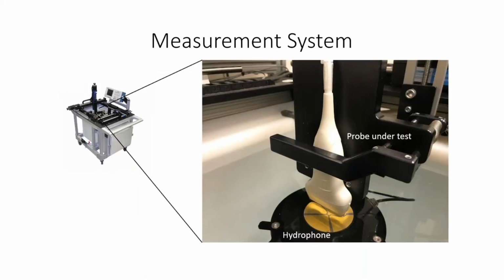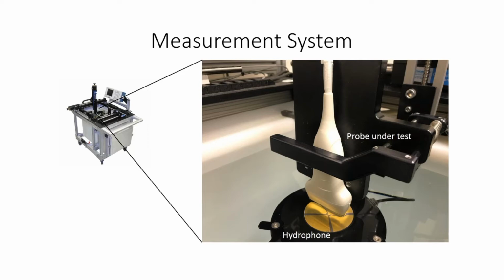Okay, here is a blow-up showing a probe in relationship to the hydrophone. The hydrophone shown is a bilaminar membrane hydrophone, and the actual active measurement area of the hydrophone, showing with the pointer here, is in the center of the device, and it is of the order of a little less than a 0.5 millimeter in diameter underneath the little box-like area that you see in the center.